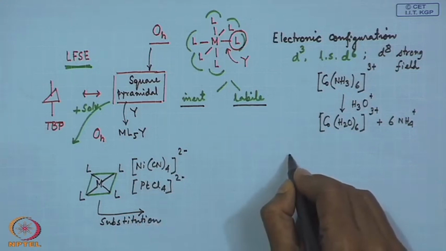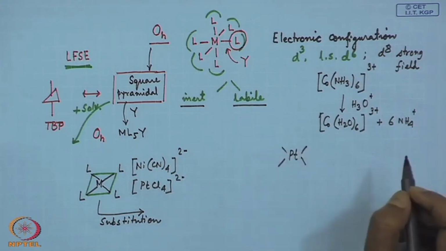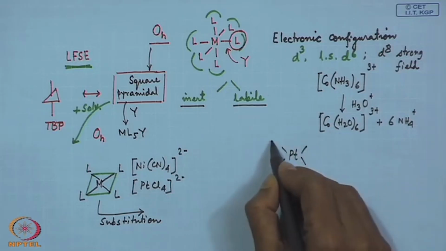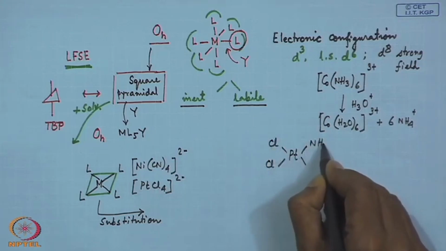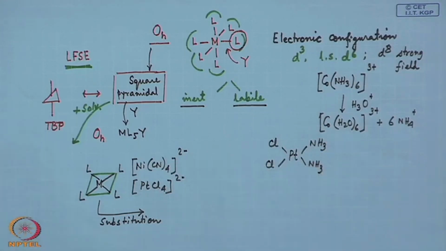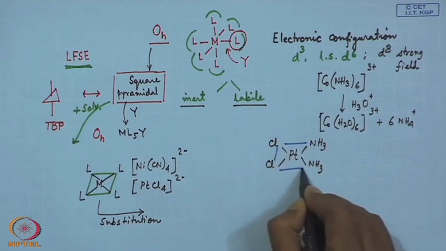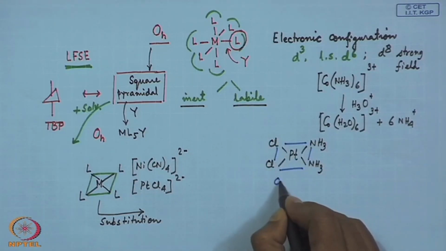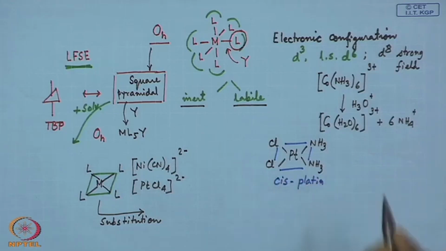Because we know a very important molecule which can function as a molecular drug, which has 2 chloride anions and 2 ammonia groups, that means NH3 groups, attached at the cis positions. This particular molecule is known as cisplatin.